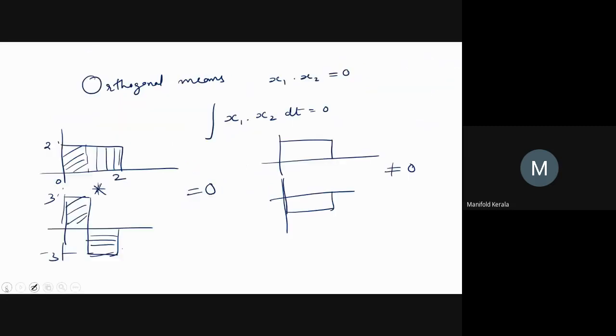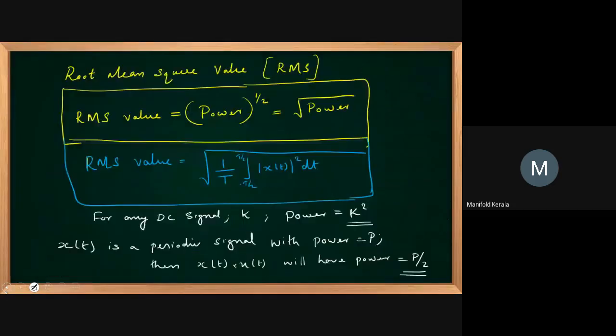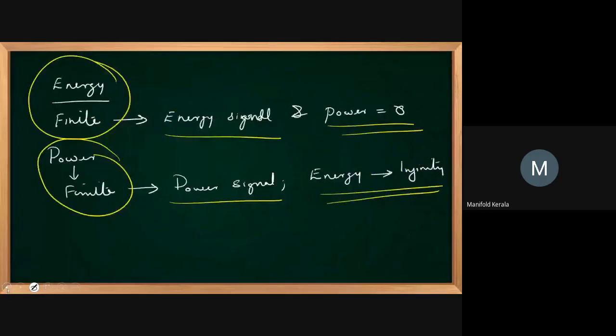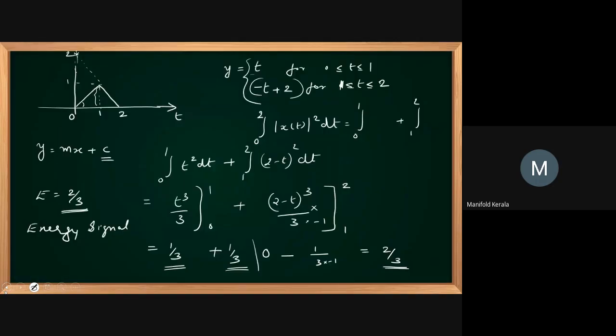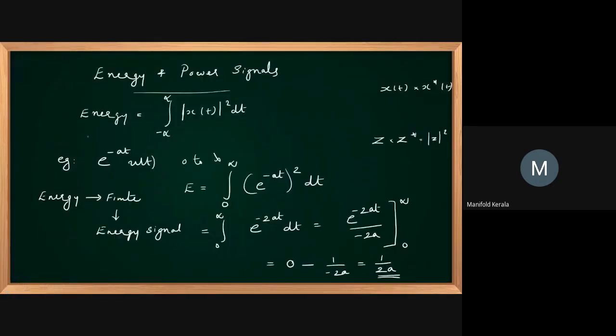So we'll just go through what we have learned for power signals and energy signals today. We have learned the expression for energy. Any signal, if its energy is finite, is called an energy signal.